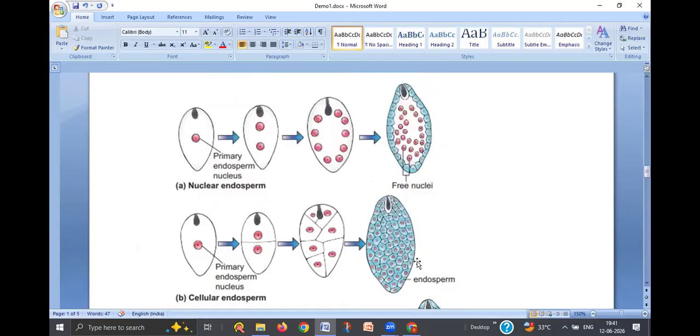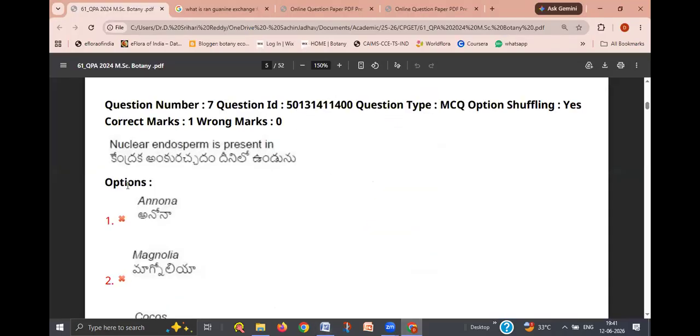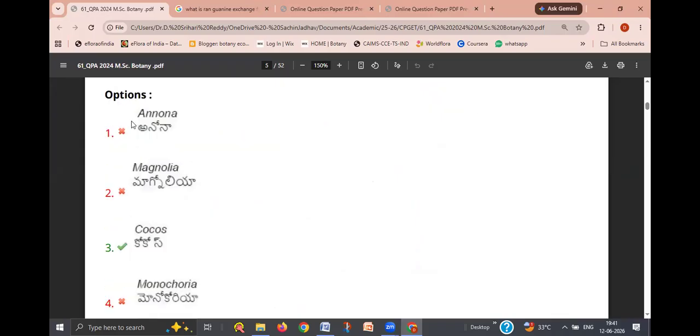So what is the right answer? Where do we find nuclear endosperm? Not Annona, because in Annona we see the ruminate endosperm. Magnolia is wrong. Between Cocos and Monochoria, the right answer is Cocos.